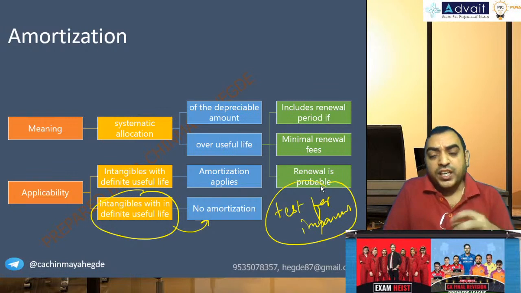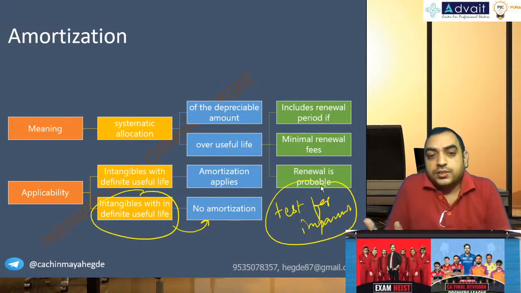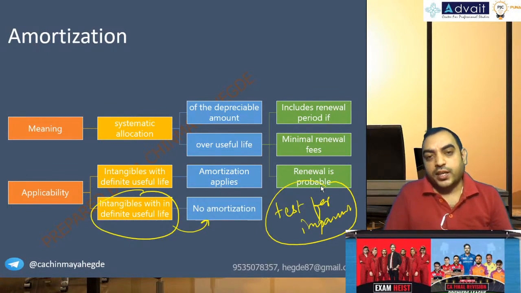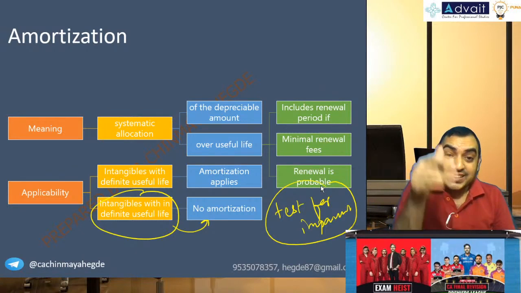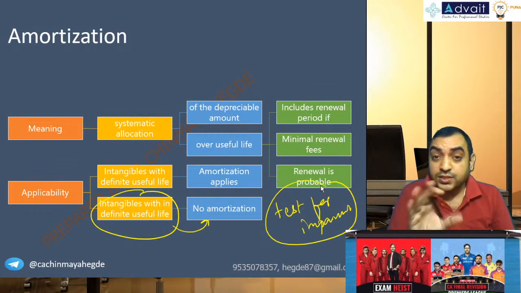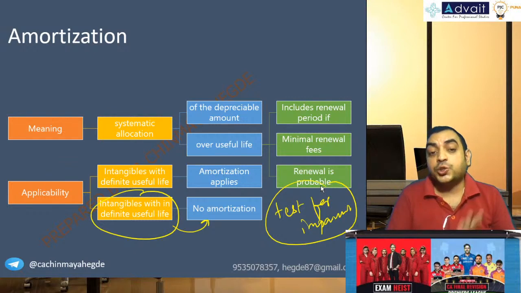As long as we can foresee that this asset gives the same cash flow every year, we are not having any issues. For the foreseeable future, you need not provide any amortization. You test for impairment every year. When does impairment apply? Whenever cash flow from that asset decreases or is expected to decrease. When impairment happens, you take that impairment loss. So on indefinite intangible assets, no amortization, only impairment.